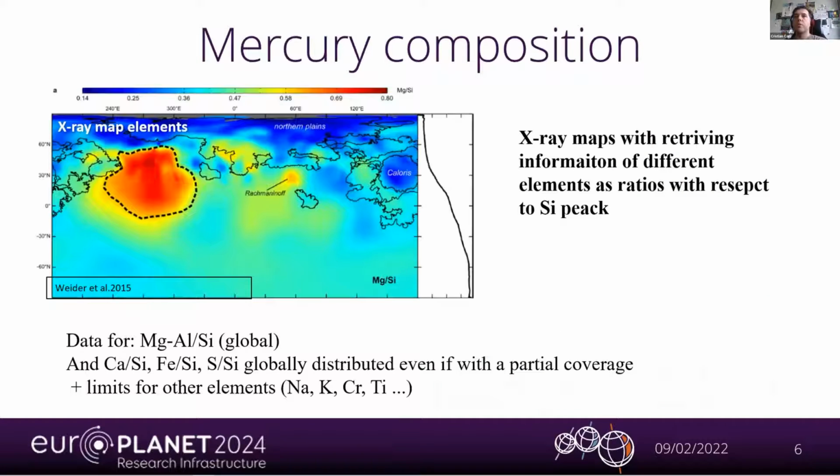Just to enter a little more in detail, this is a clear map of an element thanks to the X-ray, and you can clearly see the global distribution of this element, which is magnesium, on the surface of Mercury. Another point to remark is that, because of the condition of MESSENGER's orbit around Mercury, the northern region is better resolved than the southern region.